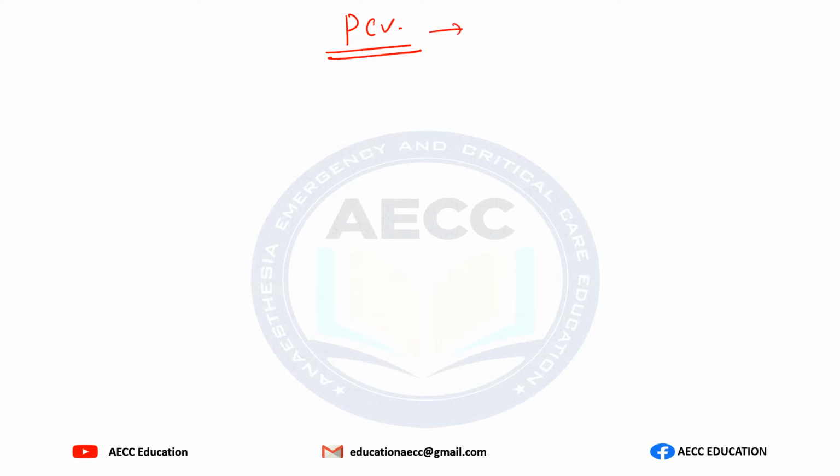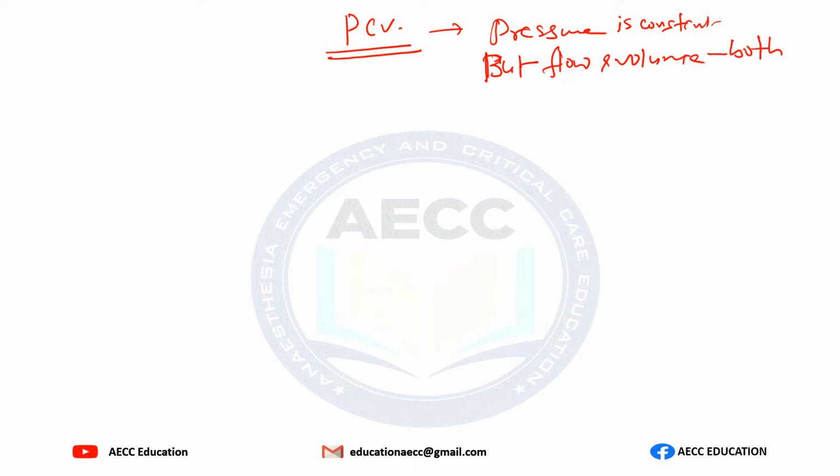Here pressure control means pressure is constant, but flow and volume both are variable. So first discuss flow time scalar.